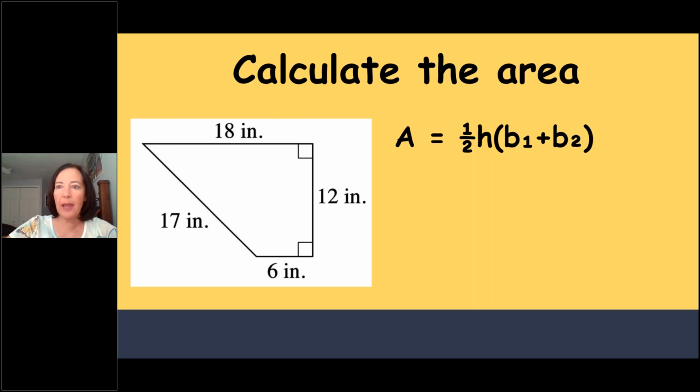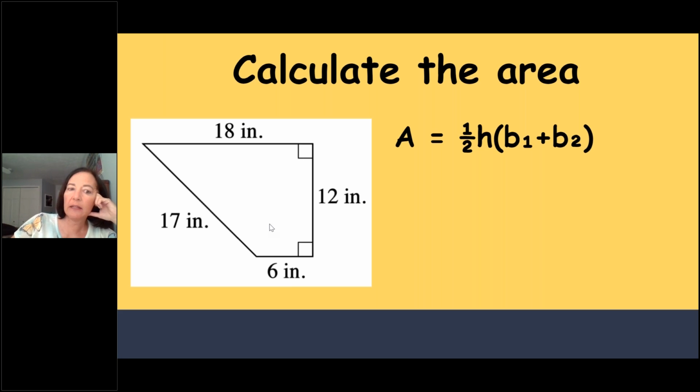This is another trapezoid. On this one, like I said, in my brain, I'm saying to myself, I have one height, and I have to use 12 for my height, but I have two bases. So let me mark all of that. Okay, I've got two bases, but I only have one height. I need to find the average or the midway distance between the two bases.